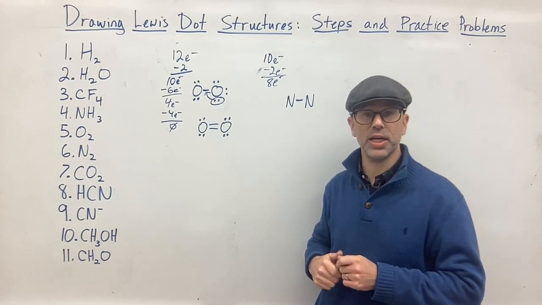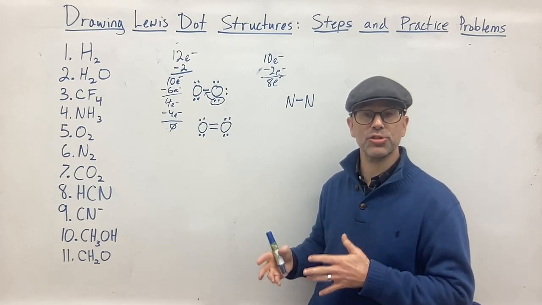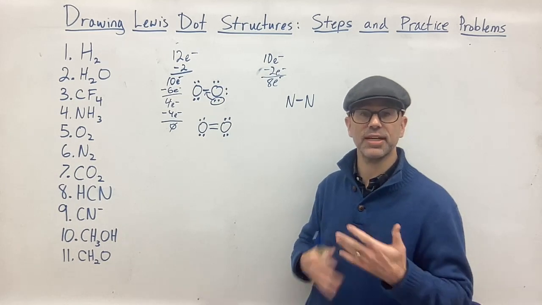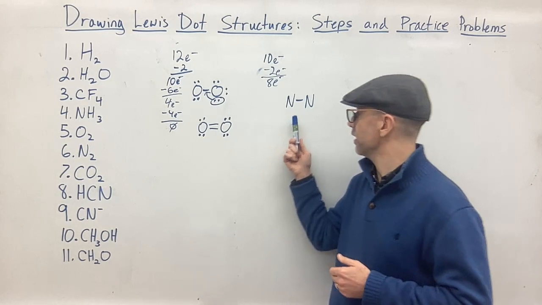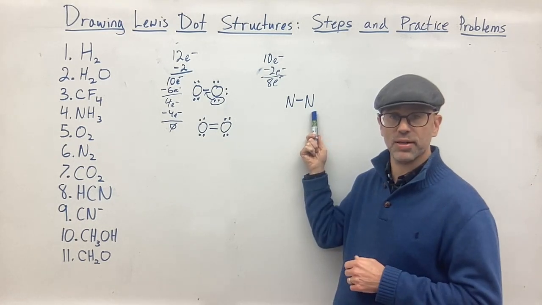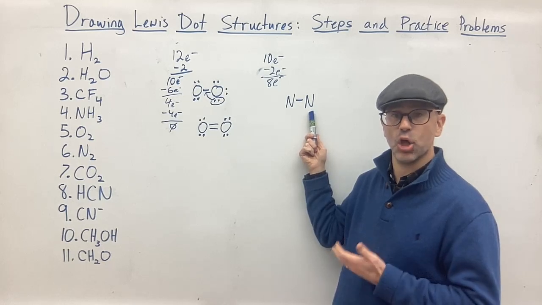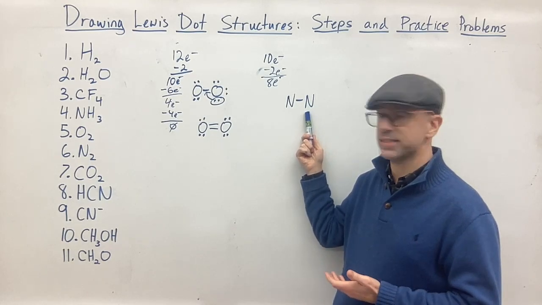Now step 3, add lone pairs to your outer atom to give it an octet. Since I only have 2 atoms, I'll say that this one here is the central atom, and then that would make this one the outer atom. So I'll add lone pairs to this atom of nitrogen to give it an octet.